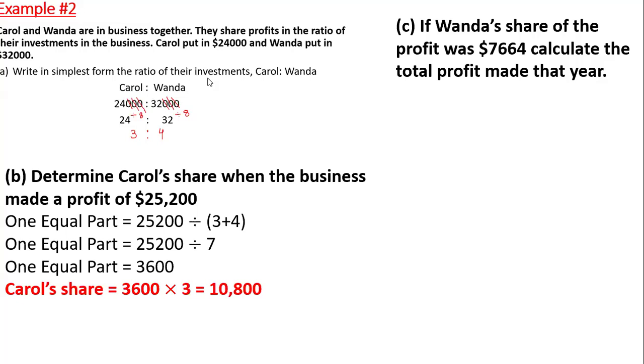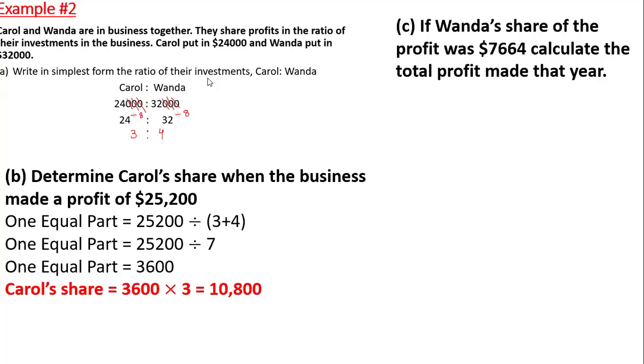So we do the 1 equal part times 3, and then add it to the 7,664. Okay. But how are we gonna get the total profit? Add those two. That's how you get the total profit. Okay, so you're gonna find the 2 shares and then add them. Anyone else?